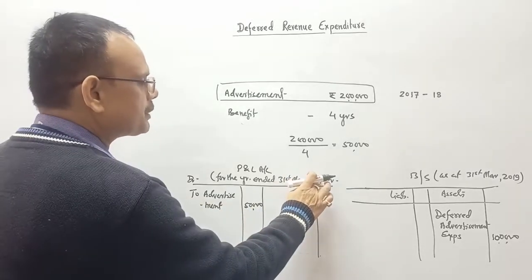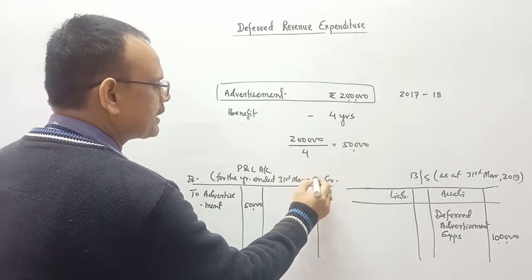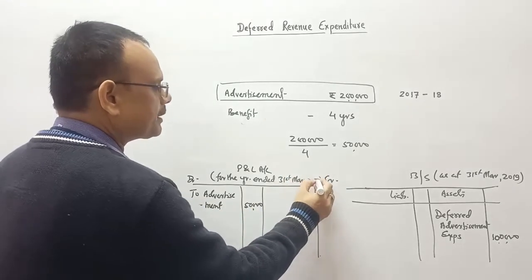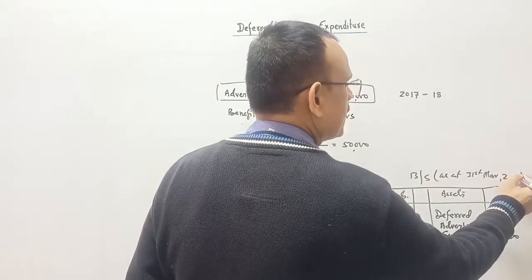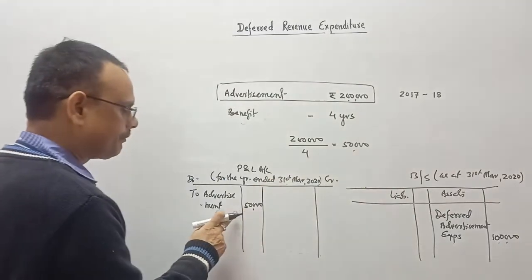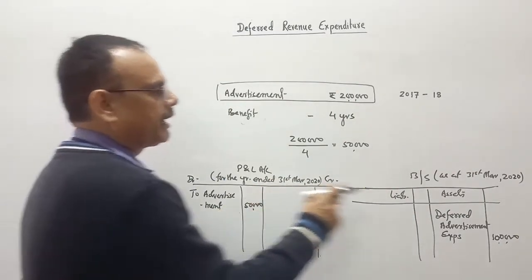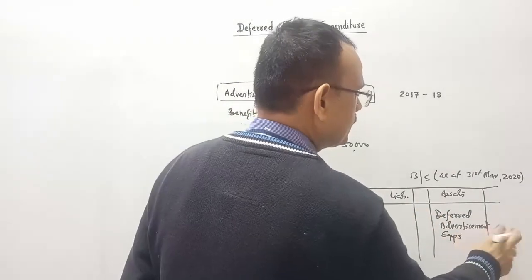Now in 2020, when you prepare the profit and loss account for March 2020, then you write 50,000 over here, and here it will be 50,000.